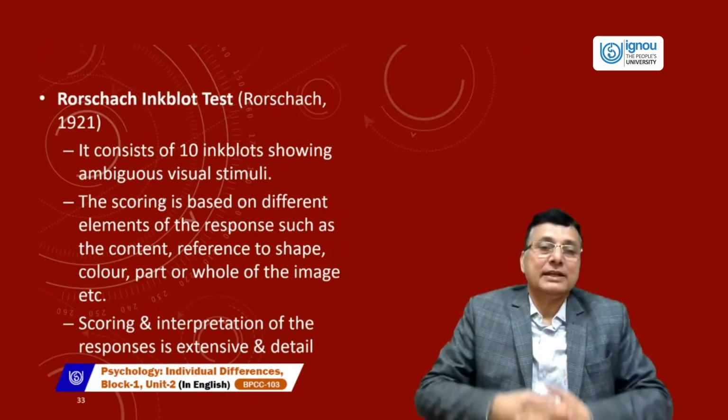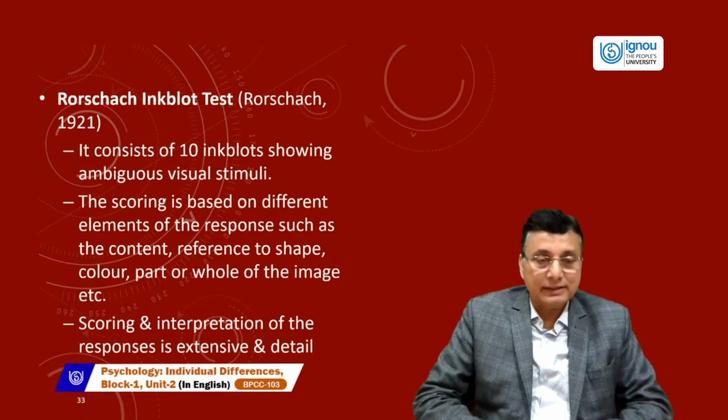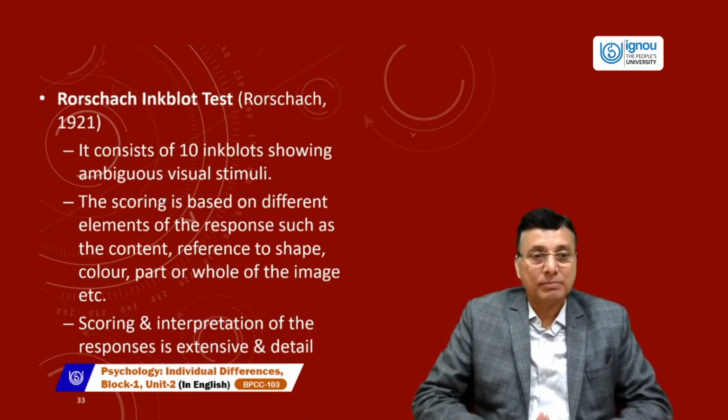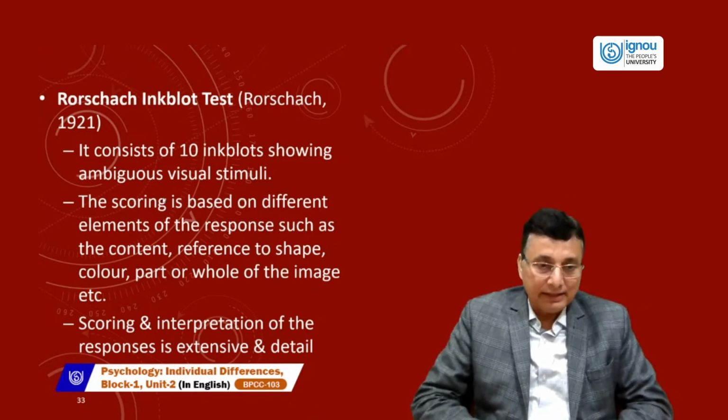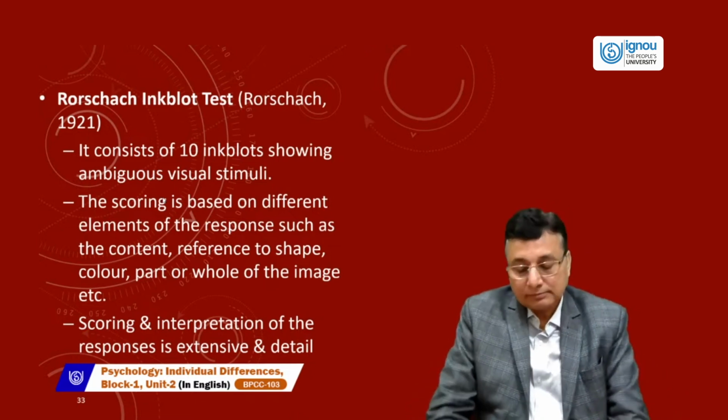Such types of designs are there in Rorschach cards. The scoring is based on different elements of the responses, such as the content, reference to shape, color, part or whole of the image, etc. Scoring and interpretation of the responses is extensive and detailed.